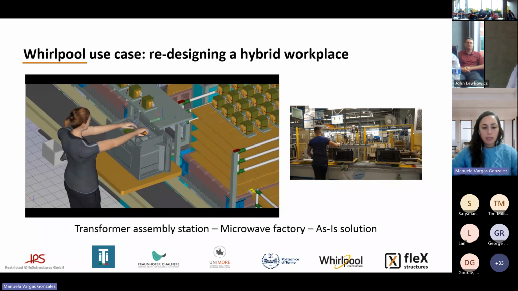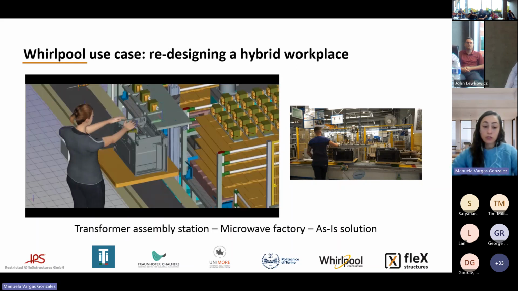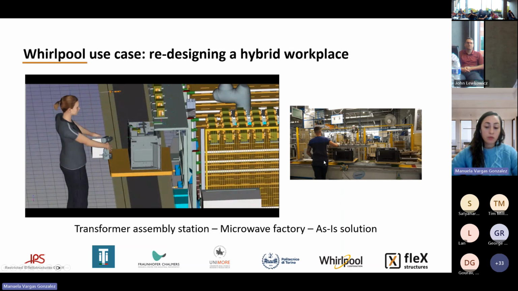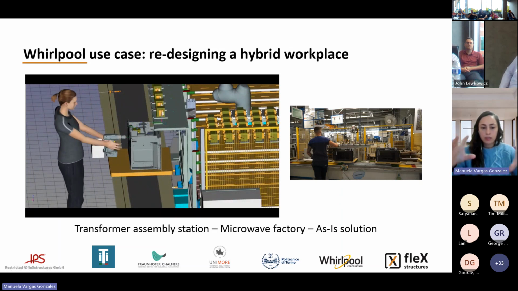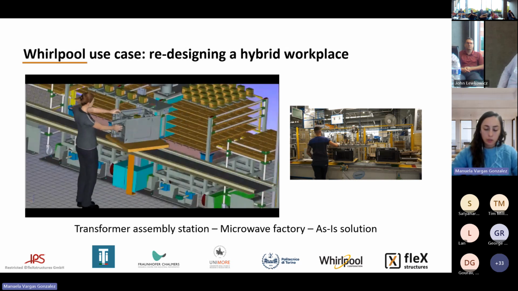Then the mannequin continues with the fixing activities to fix the transformer inside of the microwave. So we performed the simulation of the as-is scenario to be able to compare the current solution with the solution that we're going to find using the methodology that we are proposing with this project.